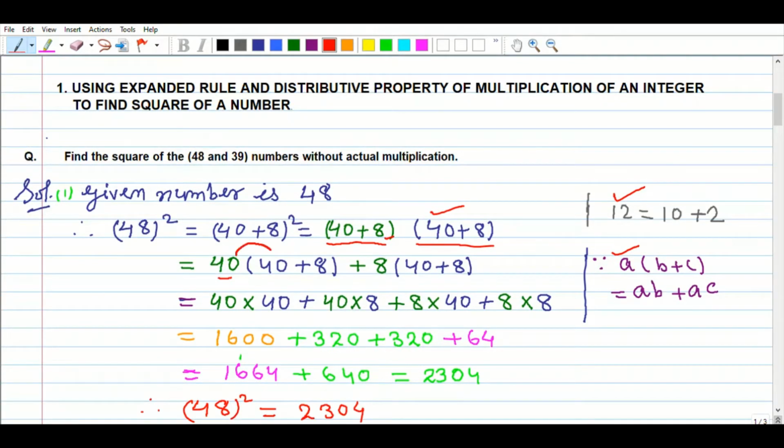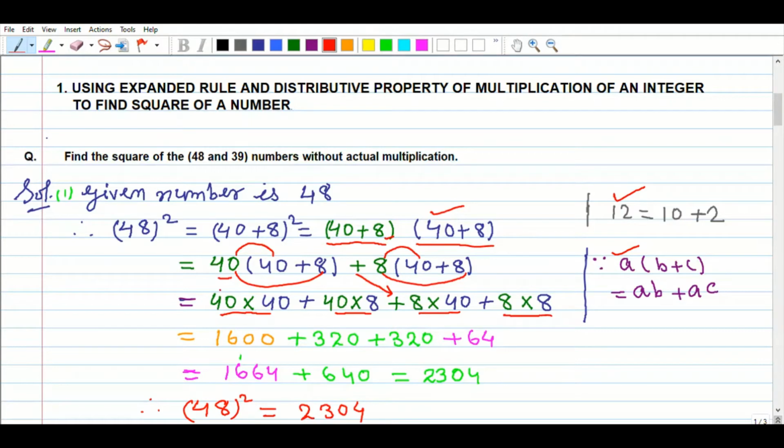40 into 40 according to the distributive law. 40 into 8 I have written here. Again here is a plus, so here we write plus. 8 into 40 I have written here. Again 8 into 8 I have written here.